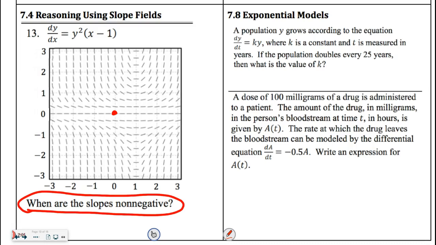So when it says, when are the slopes non-negative, I need this thing right here to be positive or 0. If it says, when are they positive, then I take off that equaling 0 part of it. So where are we 0? Anywhere where x is greater than or equal to 1, right? So everywhere to the right of 1, and anywhere where y squared is equal to what? 0.